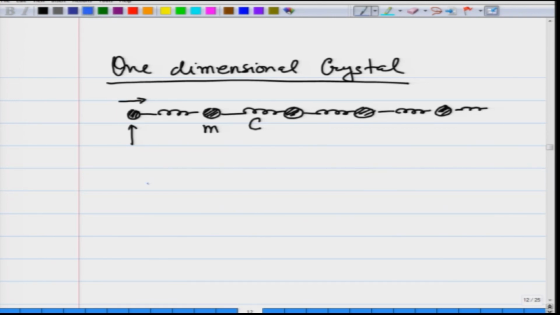If my atoms get displaced perpendicular to the length and the displacement obviously then travels along the length, it is transverse, or I could have a displacement of these atoms along the length, this will be called longitudinal.